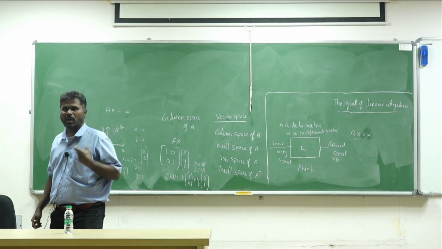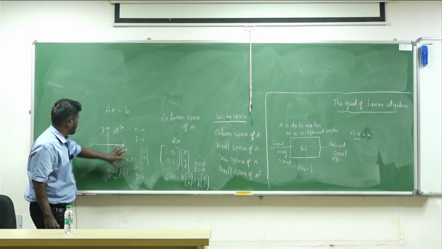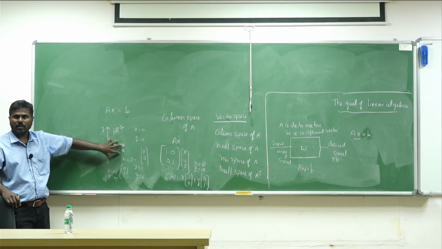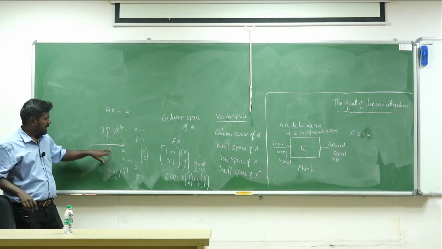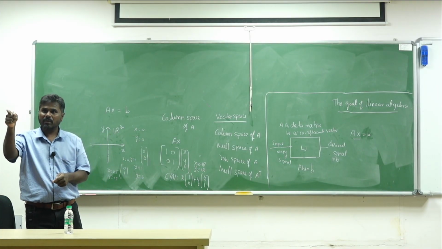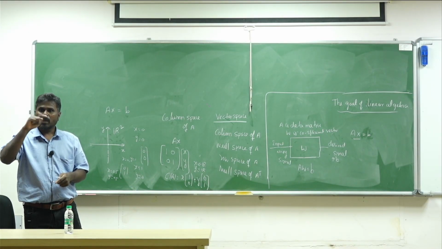There is a bunch of vectors in the column space of A, right? That is given by Ax. Now you are bringing another vector which must be equivalent to Ax. Where should B come from?